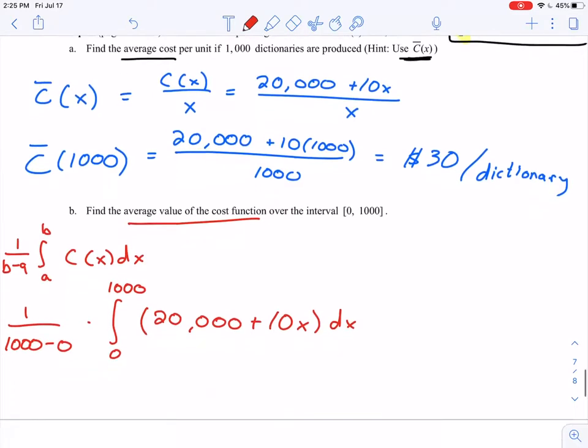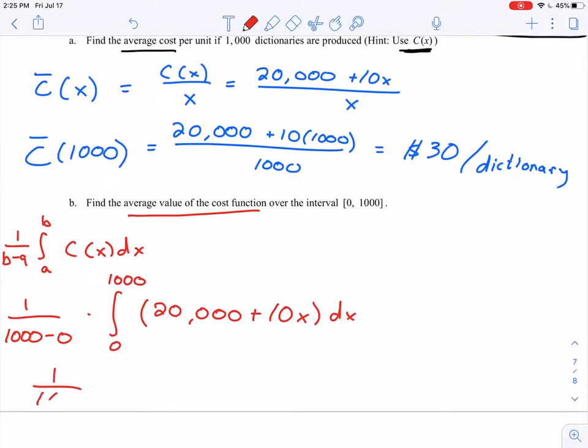So this is 1 over 1,000. Let's see, our antiderivative, that will be 20,000x plus 5x squared, evaluated at 1,000 and at 0.